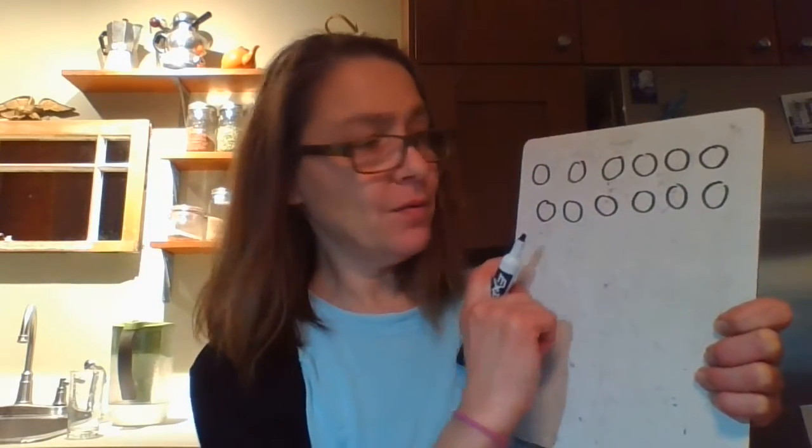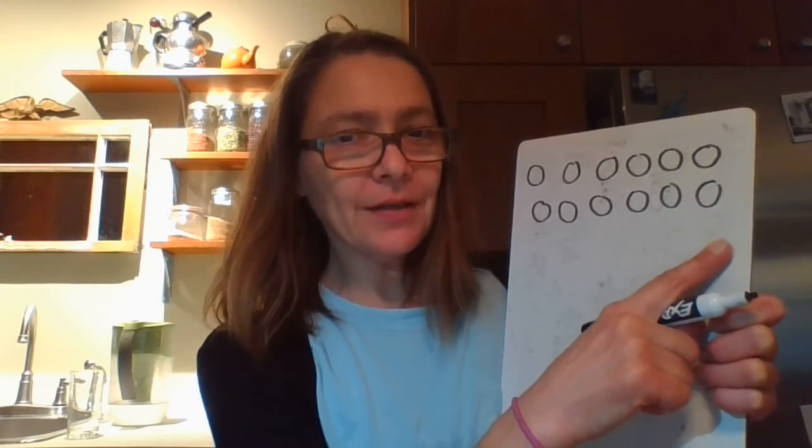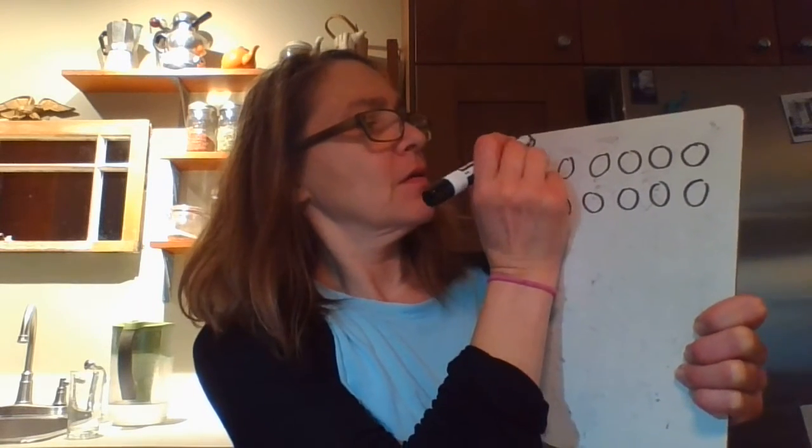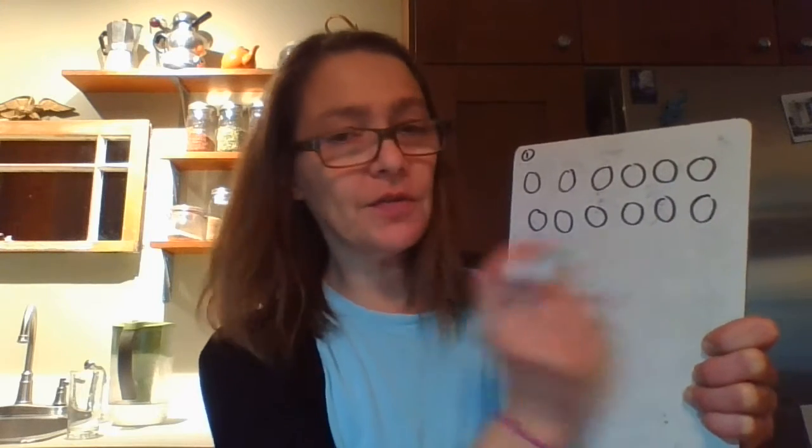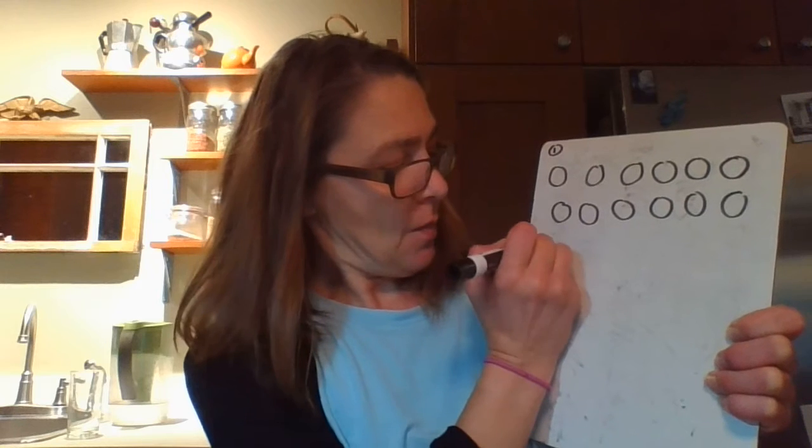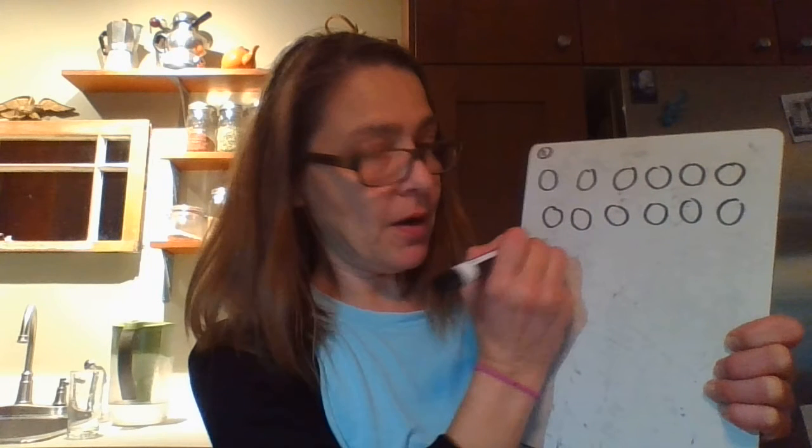So I can represent this with a drawing, which is my first model, so I can get a good visual, and I arranged it into an array. And now my second part of my model is to write an equation.